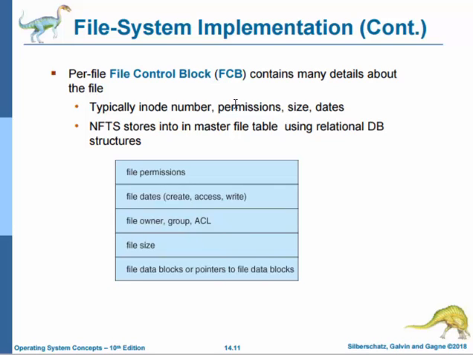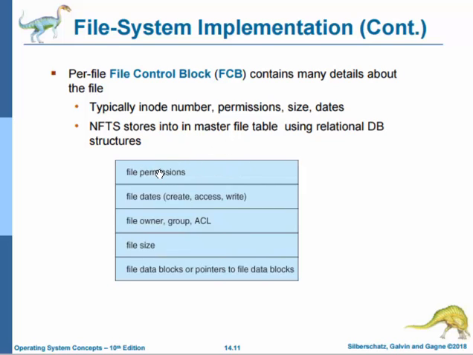A unique identifier number to allow association with a directory entry. In NTFS, this information is actually stored within the master file table using a relational database structure with a row per file.